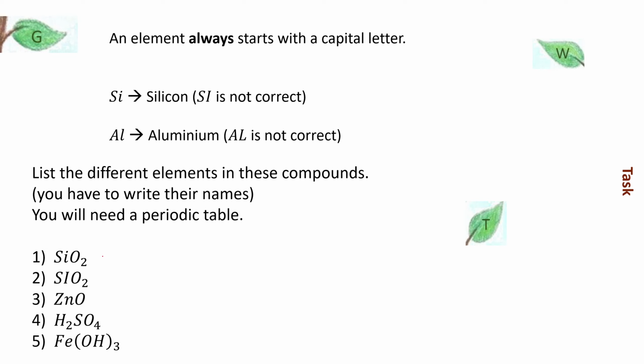So, I'm going to do number 1 for you. Using my periodic table, I know that this equals silicon. And I know that this equals oxygen. So I would like you to do the same for 2, 3, 4, and 5.